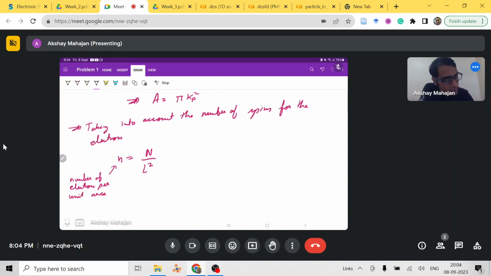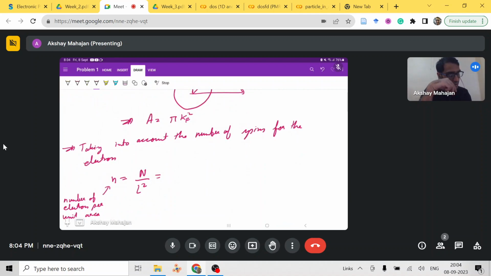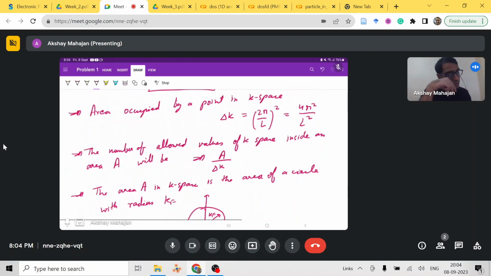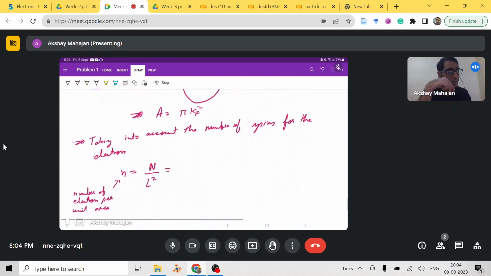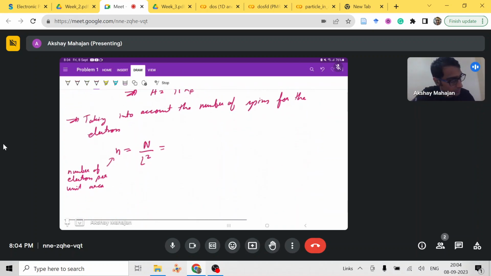So we know that the number of allowed values of k space inside an area A will be, and each k point will have 2 electrons. So for 2 times this area, which is A divided by delta k times 1 by L square.